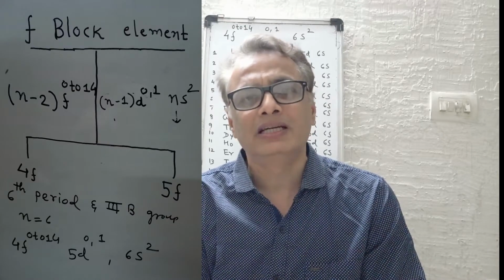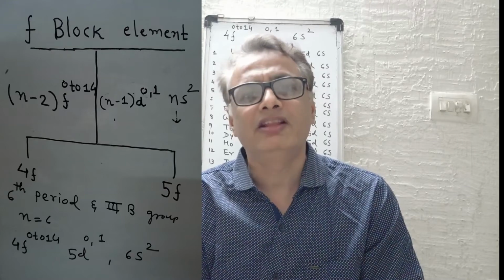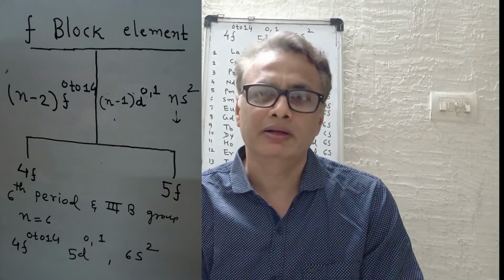Lanthanide elements come under the 6th period and 3rd B group in the periodic table.